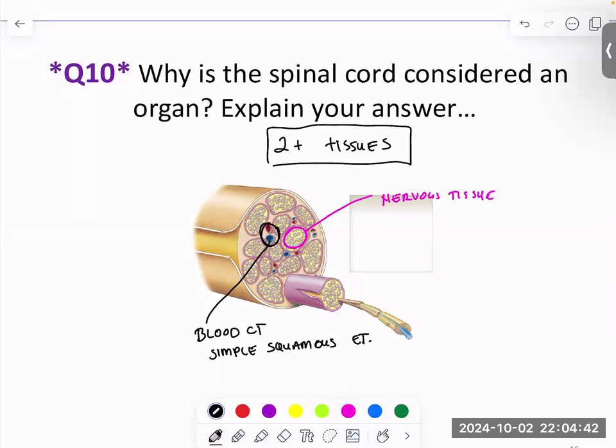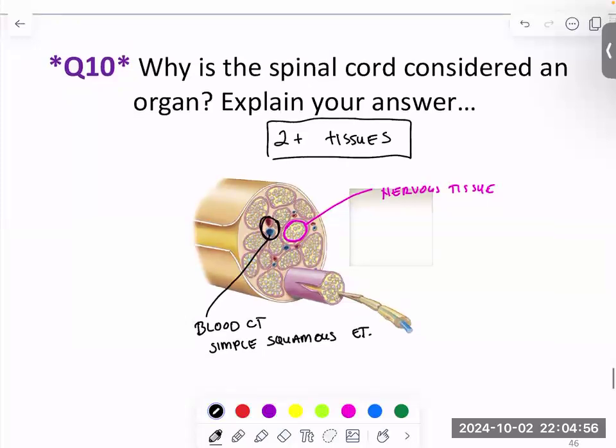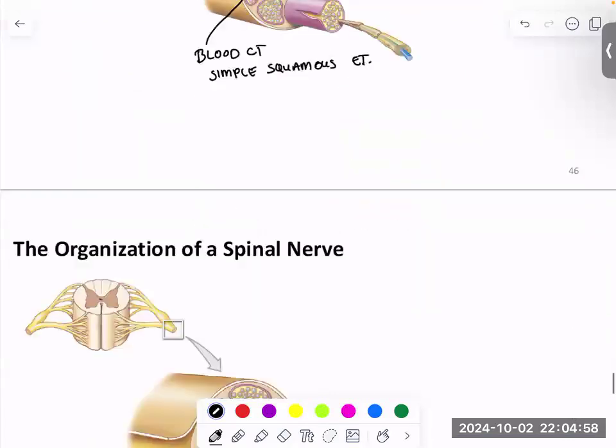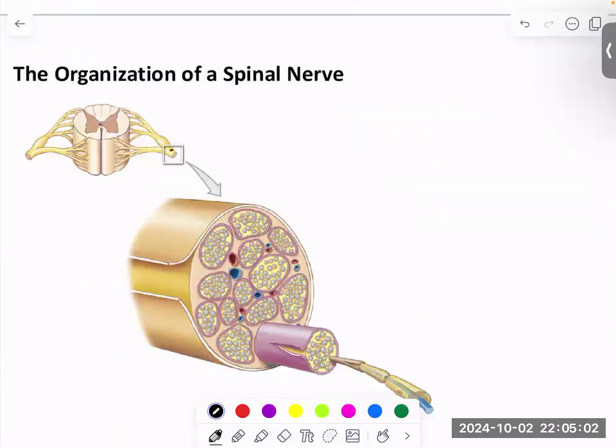Just those, that's enough. There's still more tissues. There are more tissues. This is true for spinal cord and spinal nerve. For the spinal nerves, remember, the spinal nerves are here. What comes out of the spinal cord.